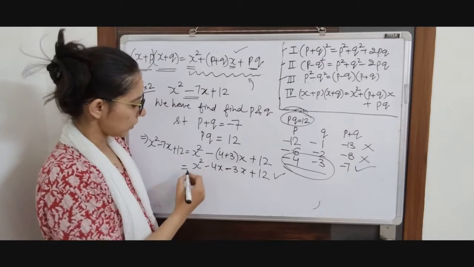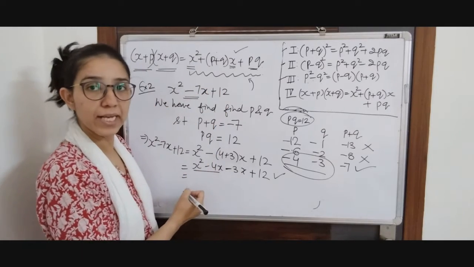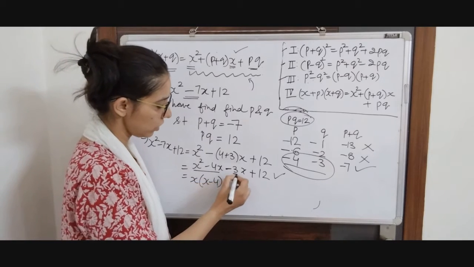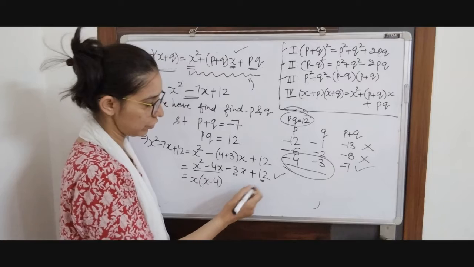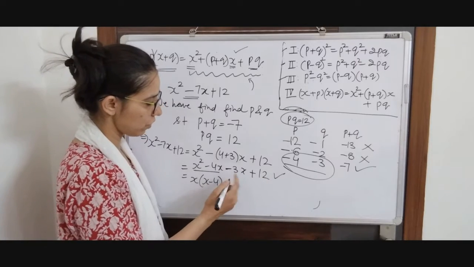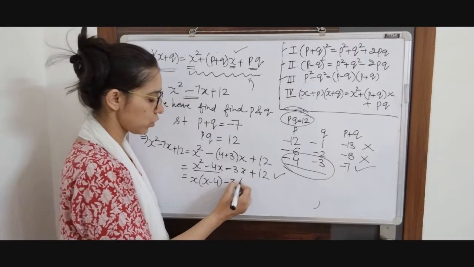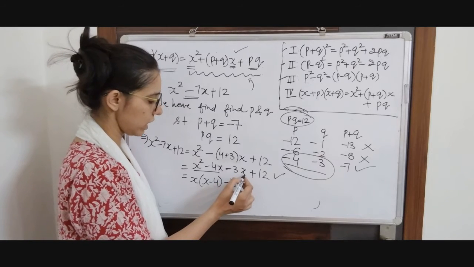Now we can take x common from these two terms, x minus 4. This number is also divisible by 3, 3 4s are 12, so we will find 3 common from these two terms. But we will take minus 3 common because we need x minus 4 here.